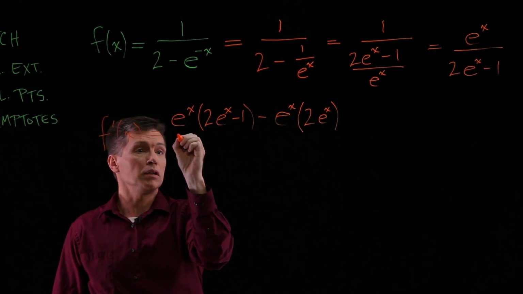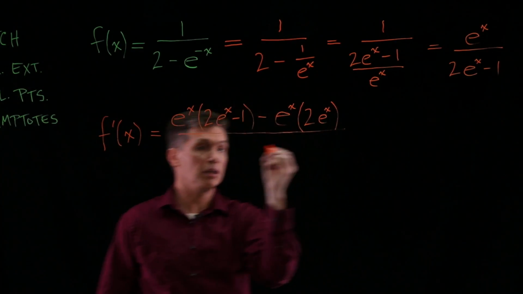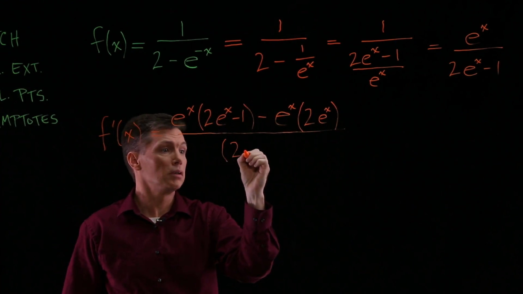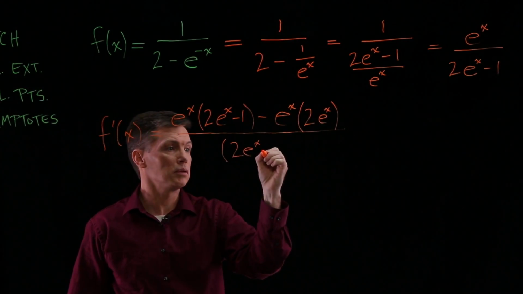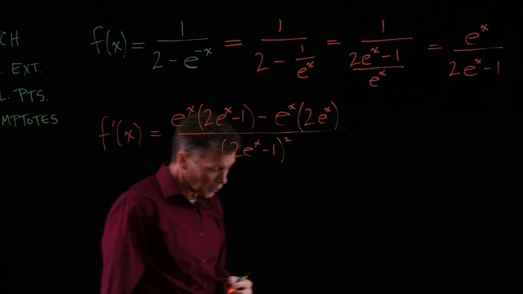Okay. Quotient rule, so we got the big divided by, and then that bottom squared. 2e to the x minus 1 squared.